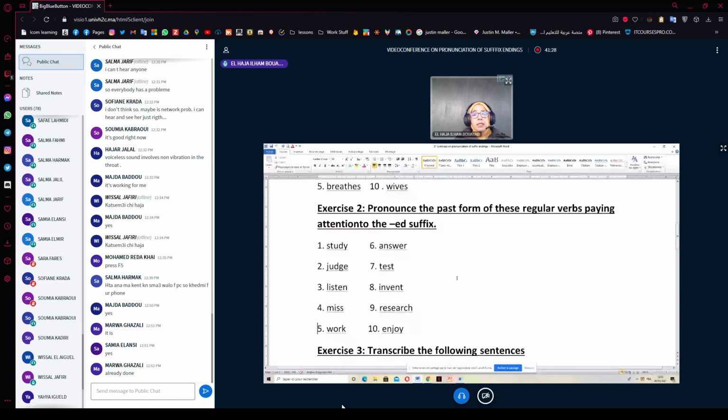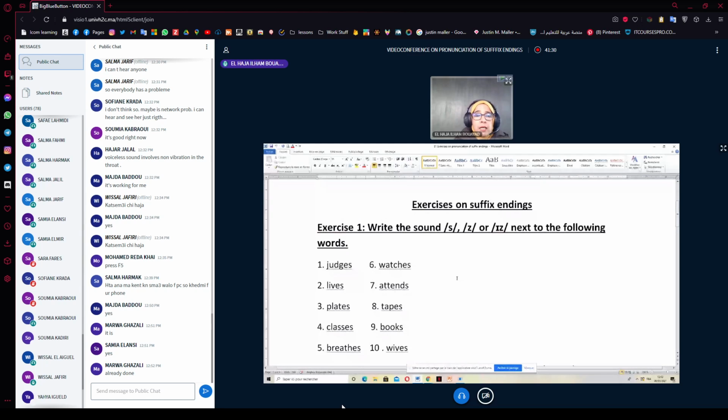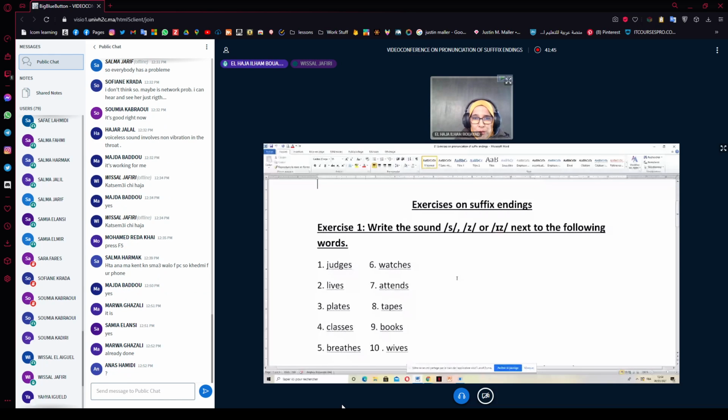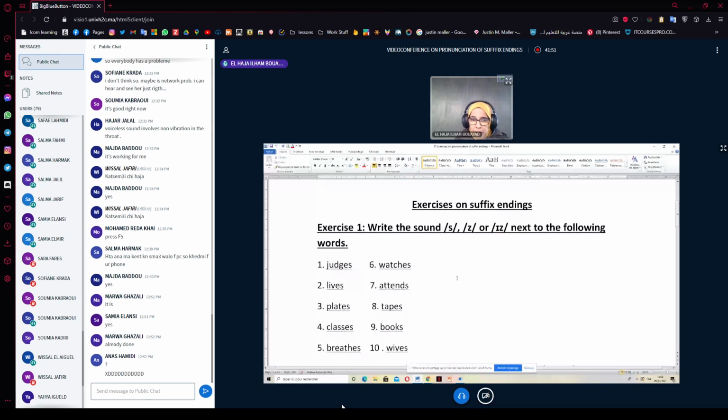So the exercises here on suffix endings, the first exercise. So what do you have? Write the sound: judges, watches, lights, knives. Let me read the assignment.